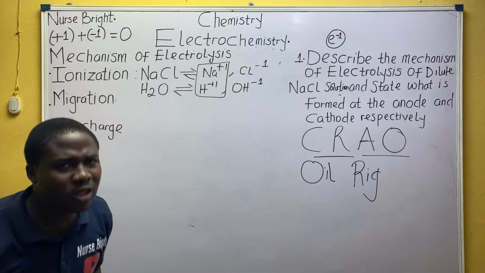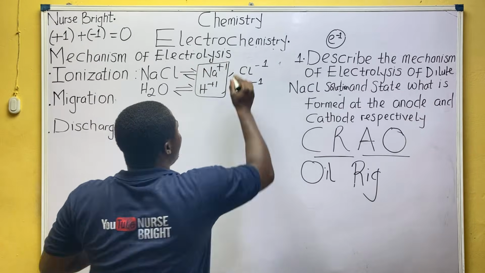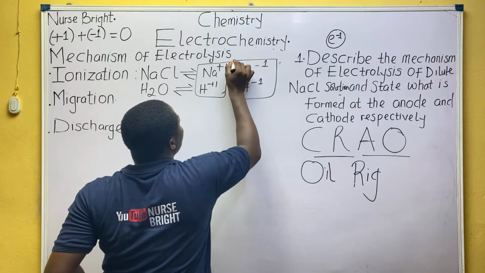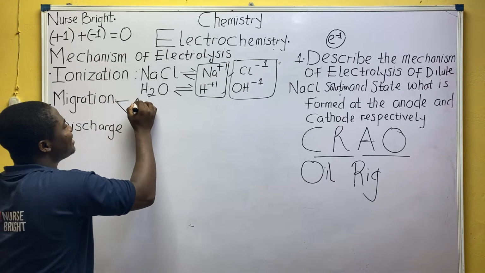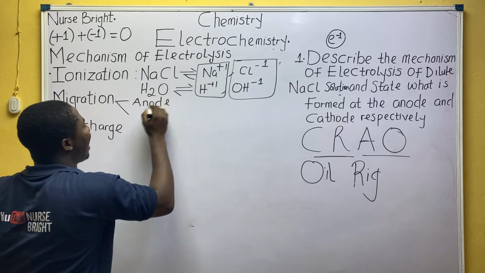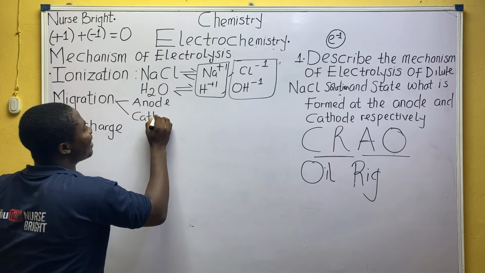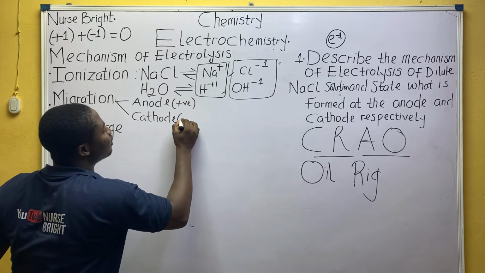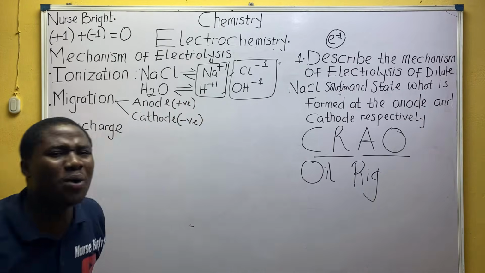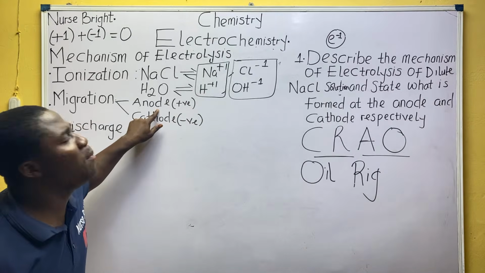For the positive ones, you form 2 ions. For the negative ones, you also form 2 ions. Then they will migrate. Some will migrate to the anode, while some will migrate to the cathode. You are already aware that the anode is positive, whereas the cathode is what? Negative.